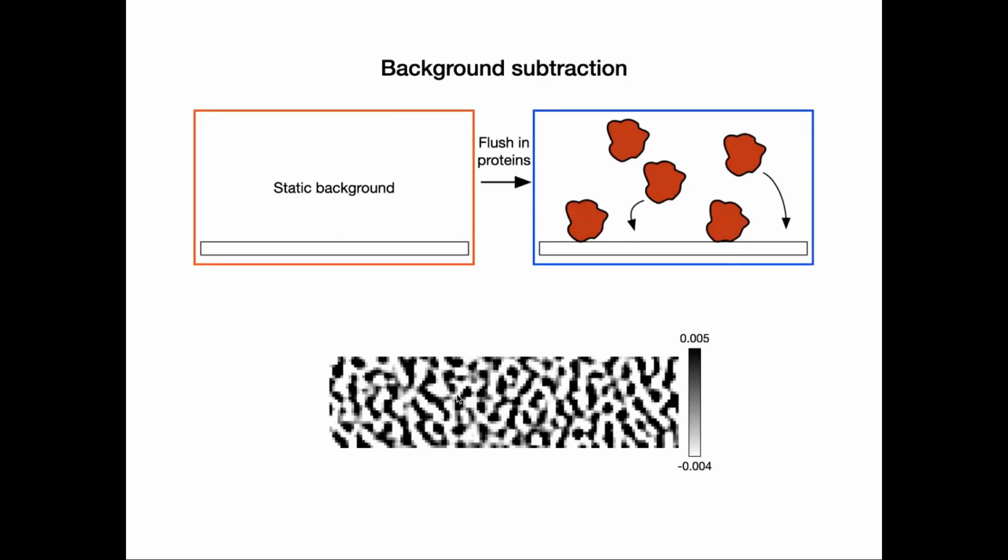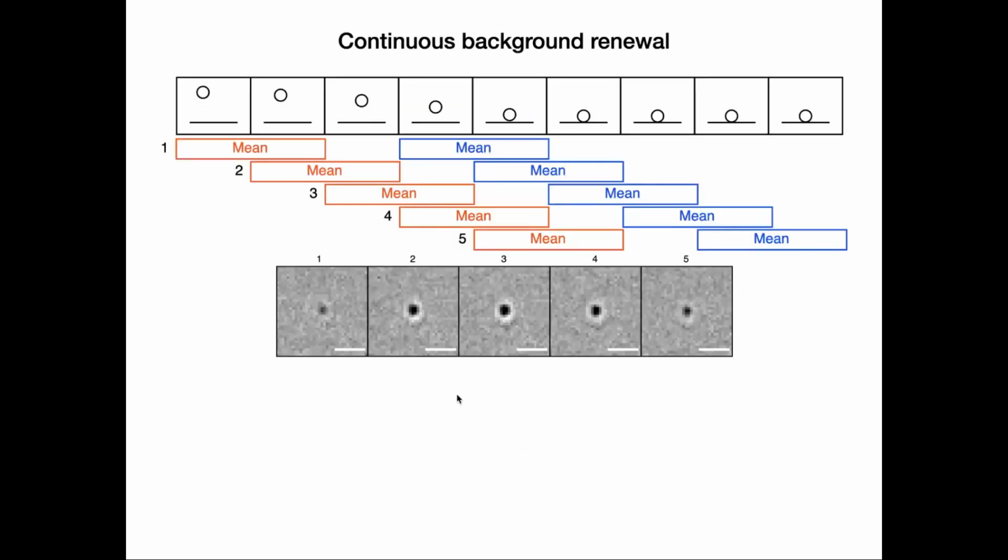To circumvent this, mass photometry uses a continuous background renewal strategy, where you basically continuously renew the background that you take. As a molecule lands on a surface and becomes part of the frames, its signal appears in the differential image.